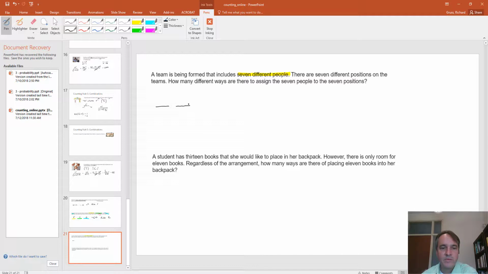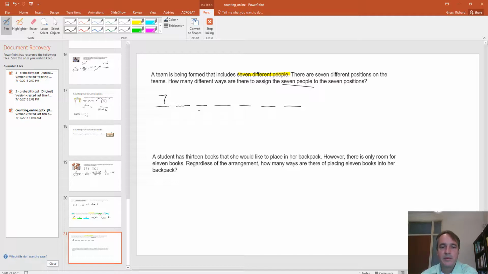Let's say we've got a pitcher position, we've got a catcher position, first base, second base, third base, 1, 2, 3, 4, 5, 6, 7. Okay, and then fielder and shortstop. Okay, so there's 7 different positions here, and we're going to assign these 7 people to these 7 positions, right?